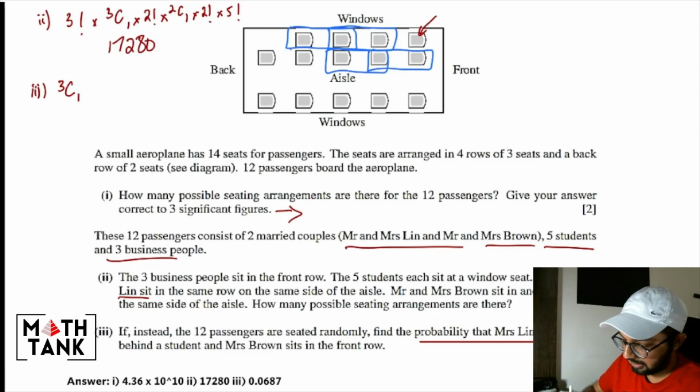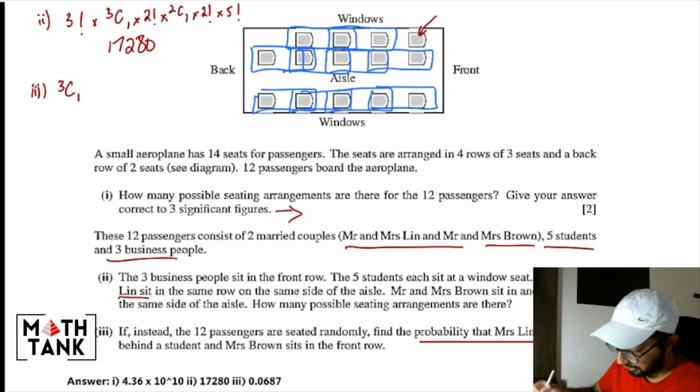That's 4, 5, 6, 7, 8, 9, and 10 different positions. Okay, let me count that again. 1, 2, 3, 4, 5, 6, 7, 8, 9, and 10. So there are 10 different positions that Mrs. Lin and the student could arrange themselves. 10c1.